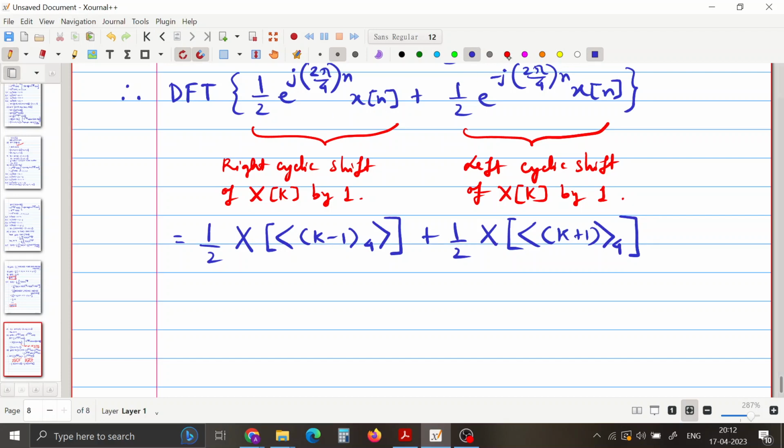So I should write actually that this undergoes this, and similarly this undergoes this.